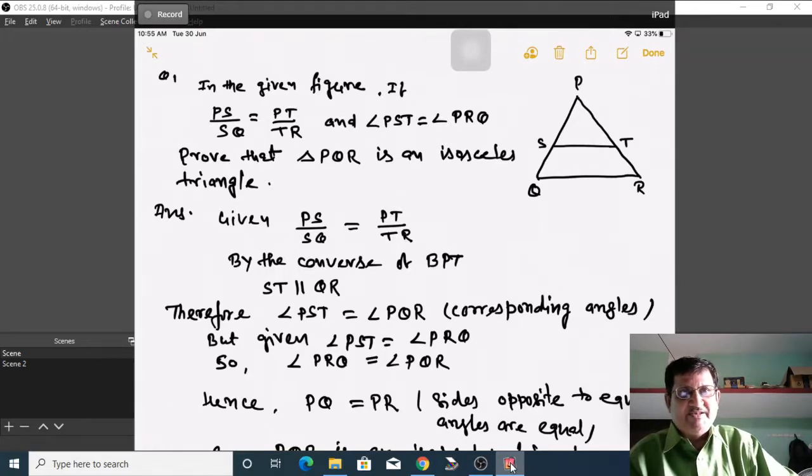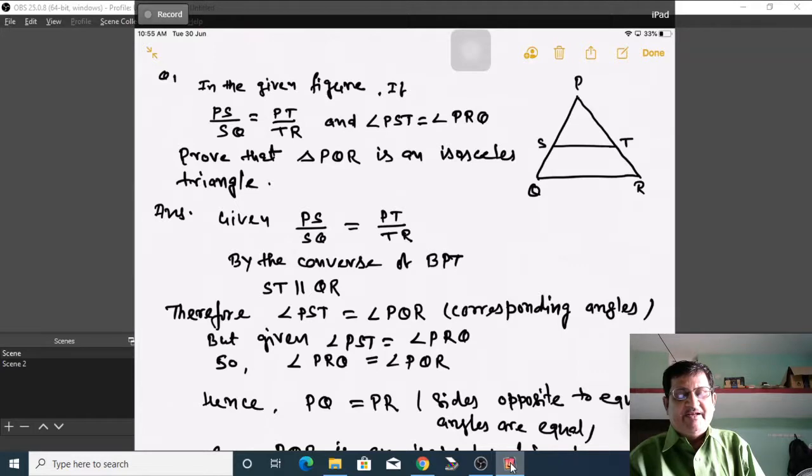Already in the BPT converse you have read: PS by SQ is equal to PT by TR. By the converse of BPT, ST is parallel to QR. Therefore, angle PST is equal to angle PQR. How? Corresponding angles of two parallel lines are equal.